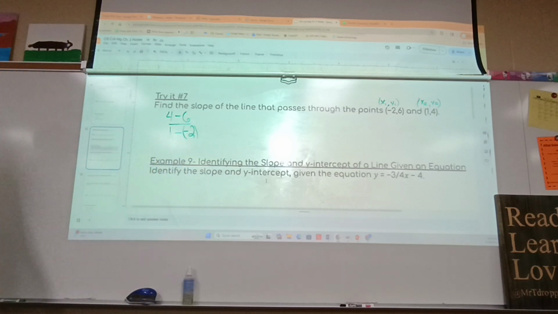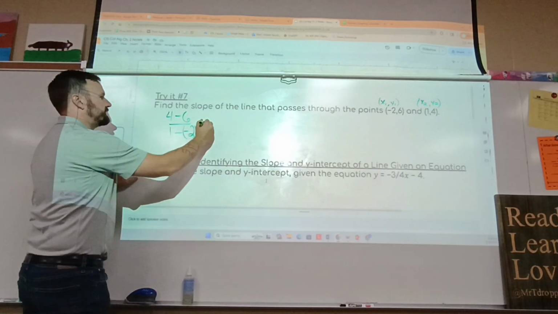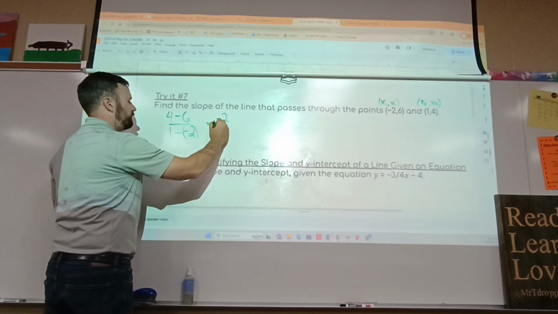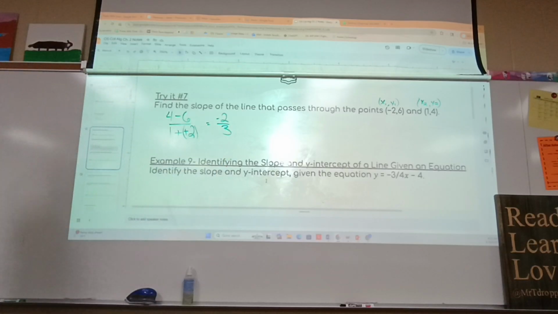I always put my negative ones in parentheses just to remind me that there's two negatives there. 4 minus 6 is -2, over 2, becomes a positive 3, another -1. Yep.